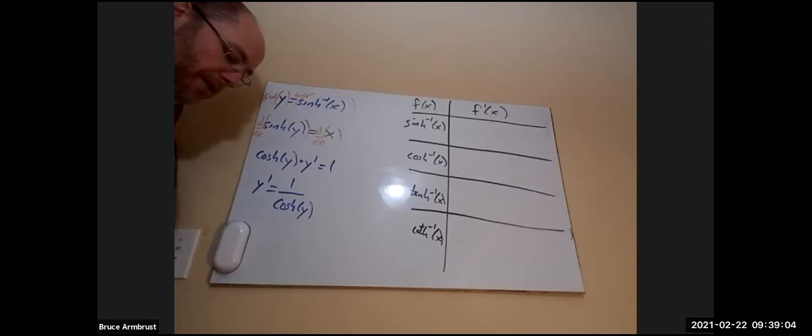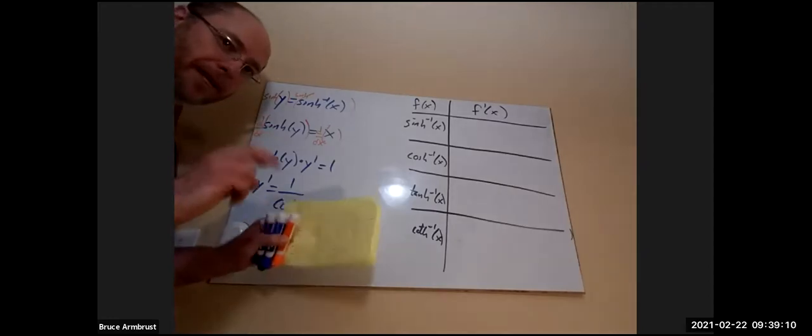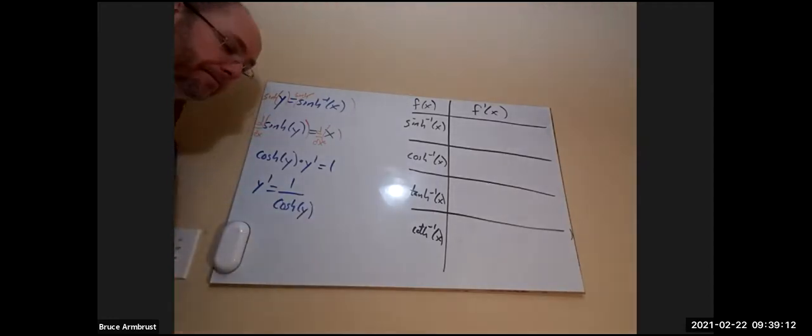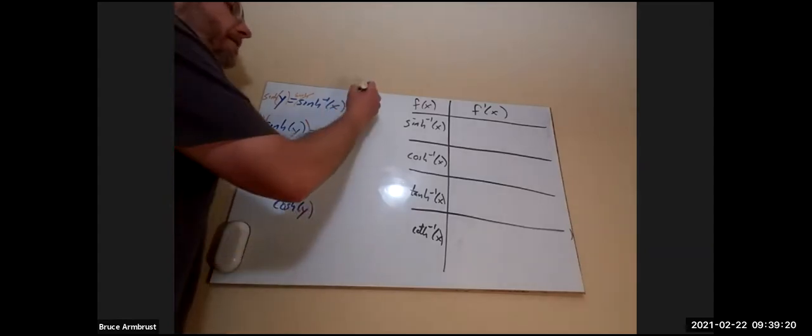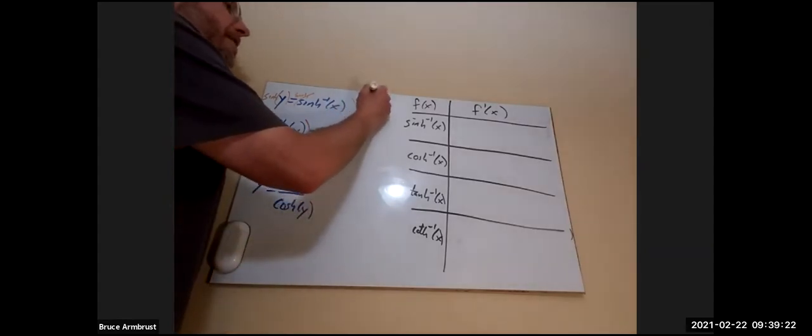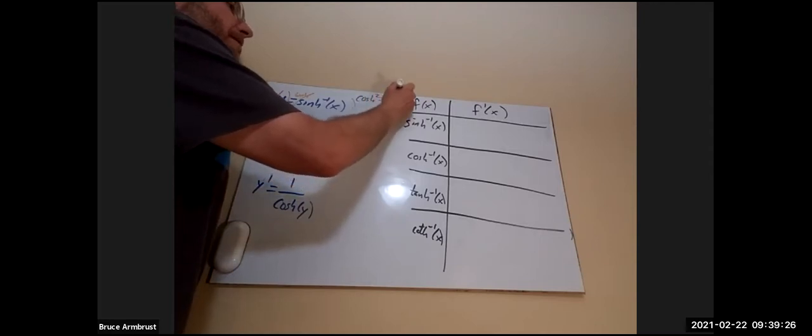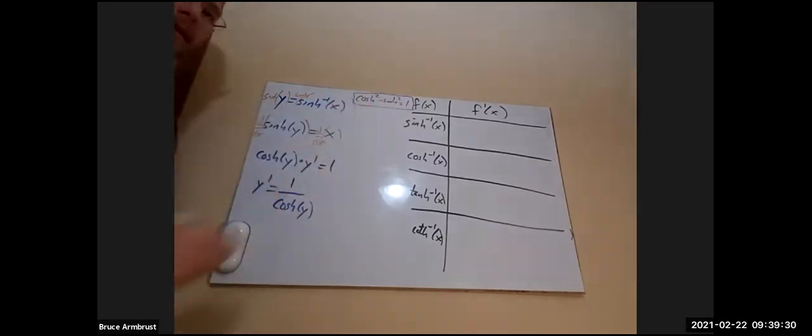So here's what we're going to do. We're going to make use of the Pythagorean identity for sinh and cosh. So you may recall that we had cosh squared minus sinh squared equals 1. That came from the hyperbola.